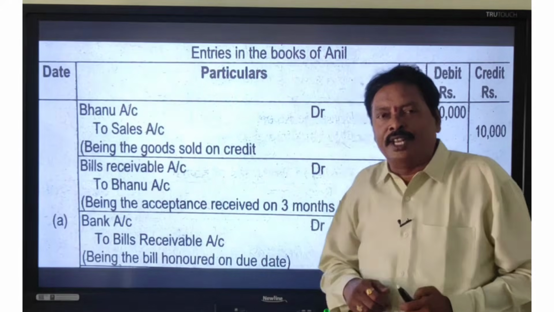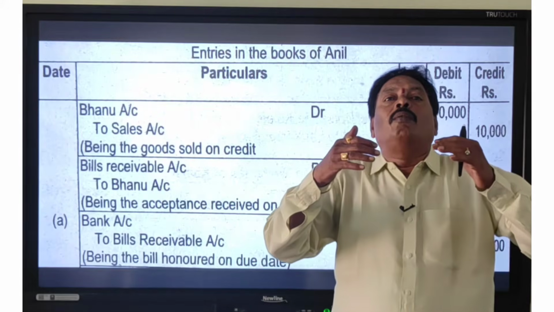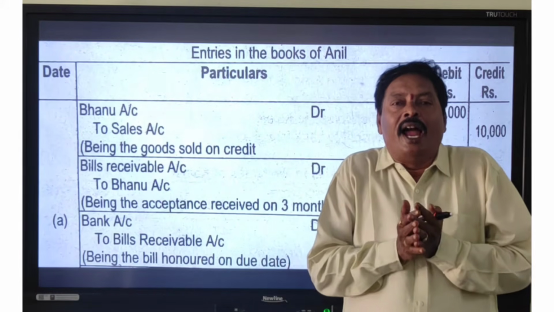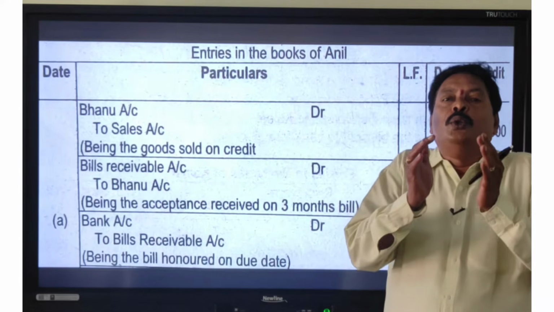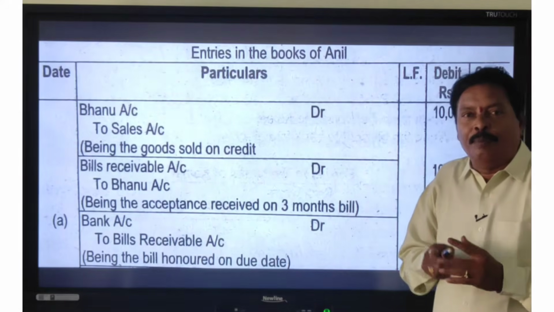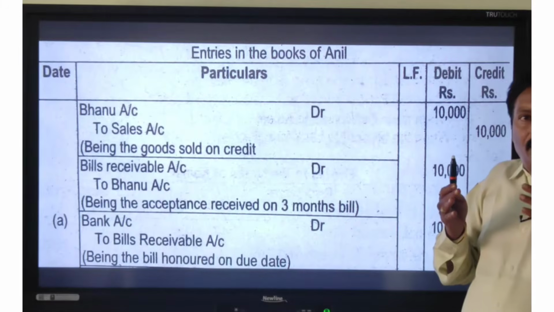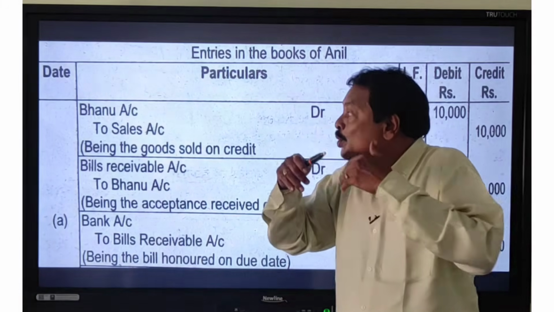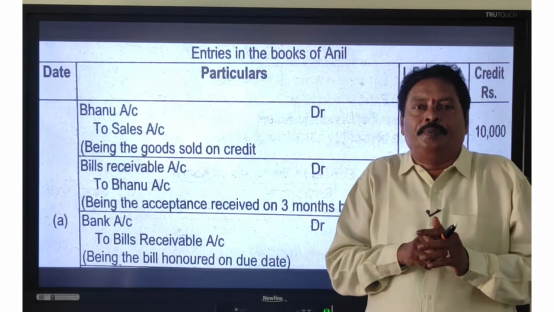In this transaction, whenever we write the entries, students must remember that the student must act as a trader. That means we are Anil. Anil sold goods to Banu. Banu receives the goods.